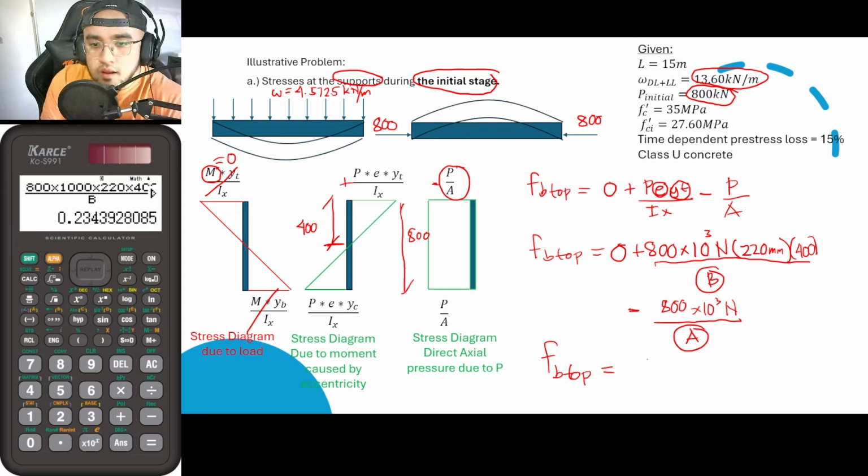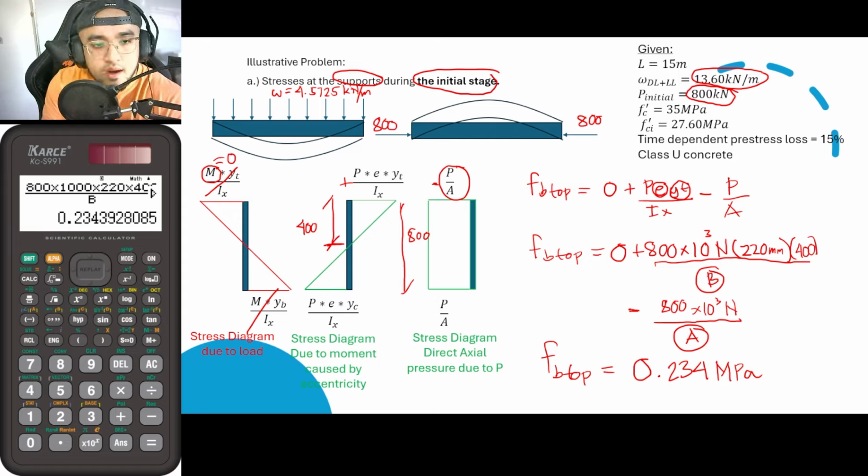So the stress at the top is 0.234. This is in terms of Newton per millimeter squared, or megapascal. So this is now FB top.